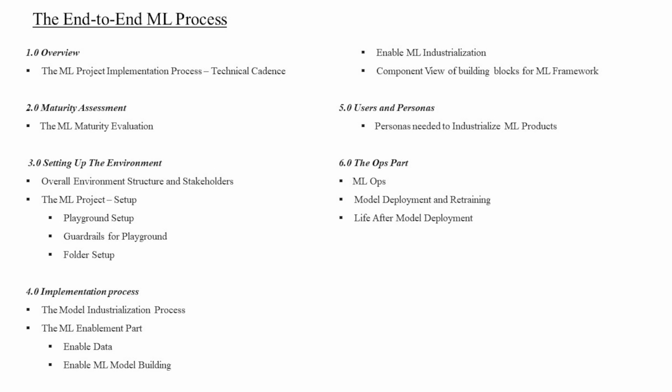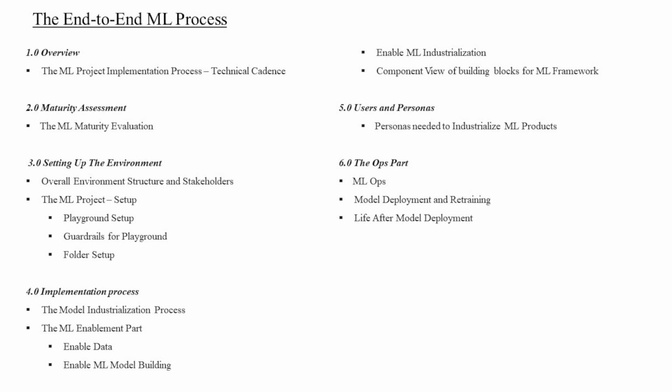So what we're going to talk about today. This is a 2-part process. There are 6 steps according to us. The client comes to us and says, I need your help setting up a brand new analytics hub for me. I have some amount of maturity in my data. I want to set up ML, a structured way of doing ML projects.